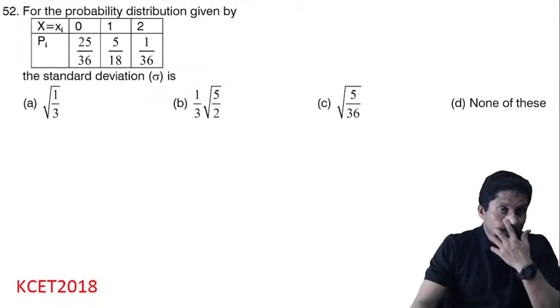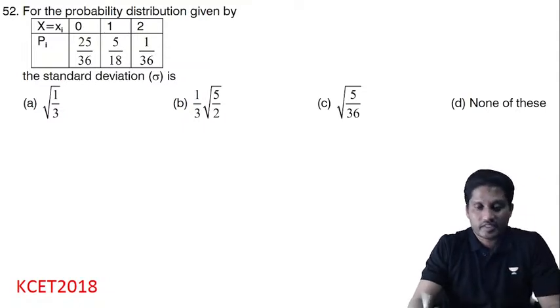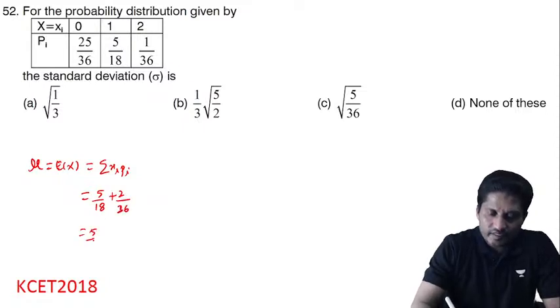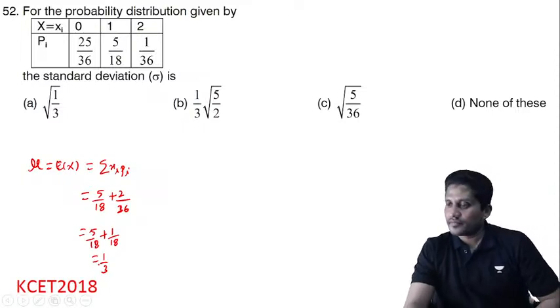Okay, probability distribution is given. I should find the standard deviation. First, I'll find mean. Mean is equal to expected value of x. This is equal to summation xi pi, equal to 5 by 18 plus 2 by 36, sorry. 5 by 18 plus 1 by 18 is 6 by 18, which is equal to 1 by 3. The mean.